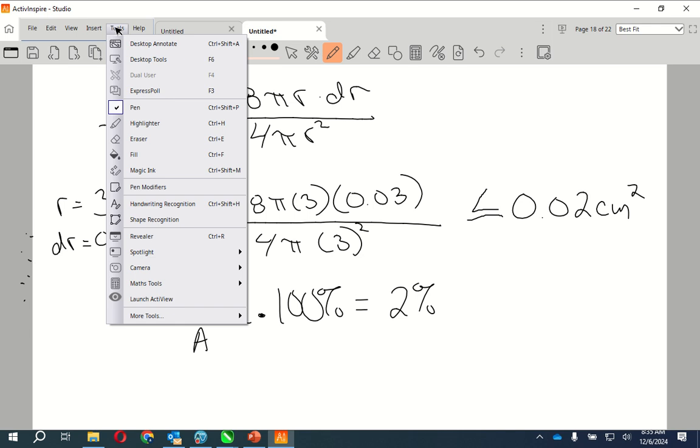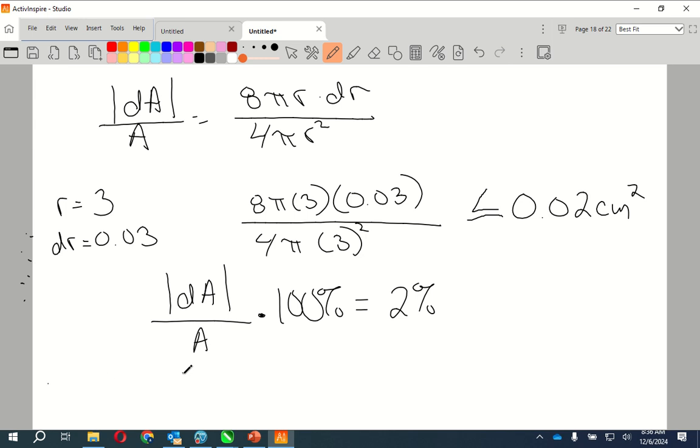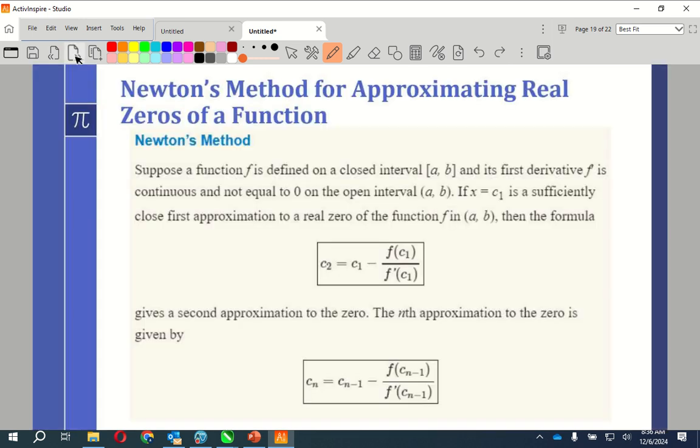Anyway, so let's go ahead and do some Newton's method. Newton's method for approximating real zeros of a function. Suppose a function f is defined on a closed interval. That means there are brackets on both ends.